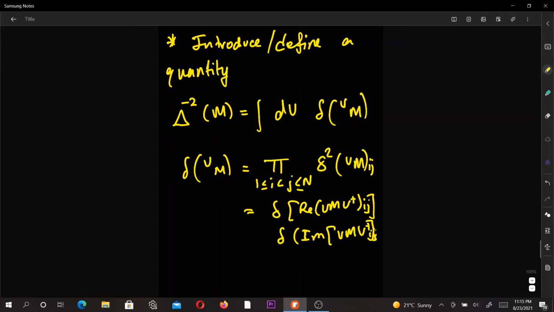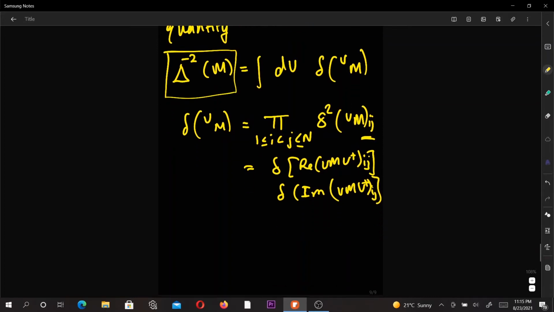So what is it doing? What is the delta function's job? It kills an integral. The job of this function is to ensure that our off-diagonal elements are killed.